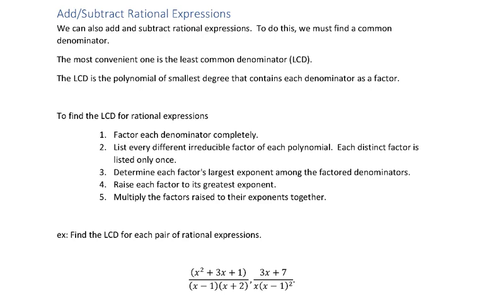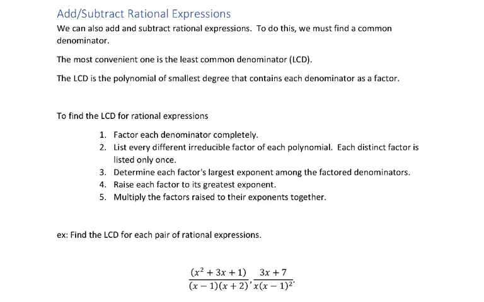You factor each of the denominators completely. Then you list each different irreducible factor once. When I say irreducible, I mean something that you can't factor any further. So something like x plus or minus a number b would be irreducible.